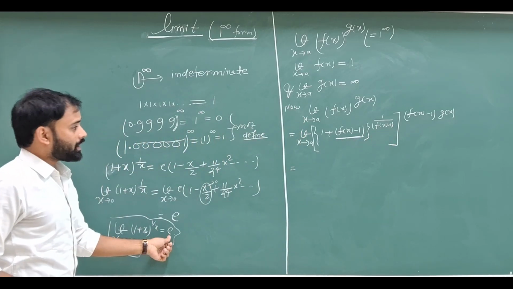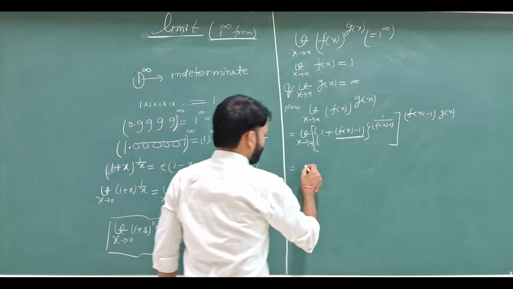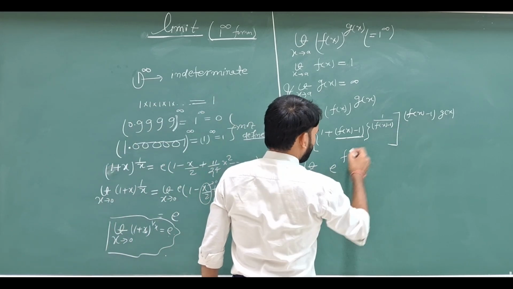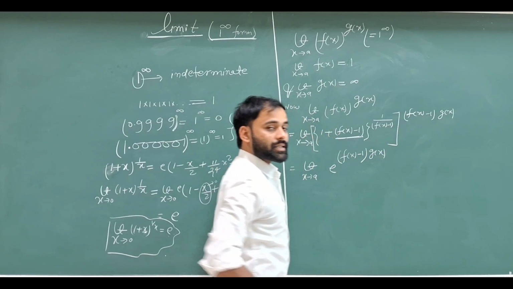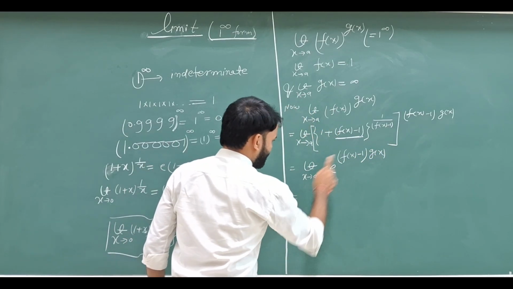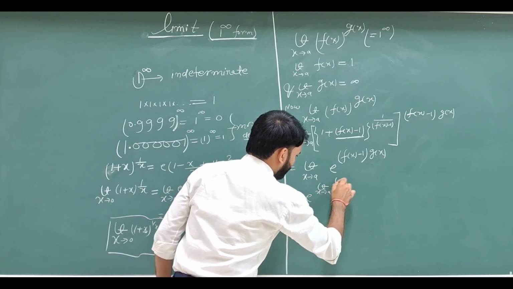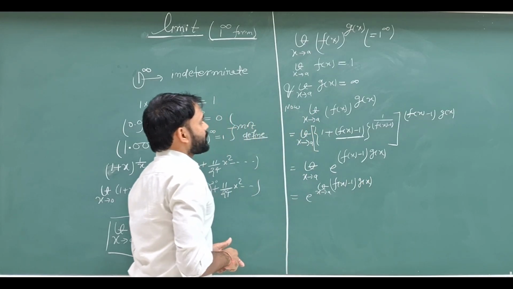So finally we get the limit of this function such that goes to e. So limit x tends to a e to the power f of x minus 1 multiplied by g(x). This is fine, and you can take the limit x tends to a f(x) minus 1 multiplied by g(x).